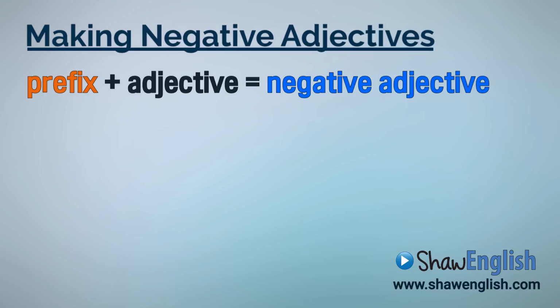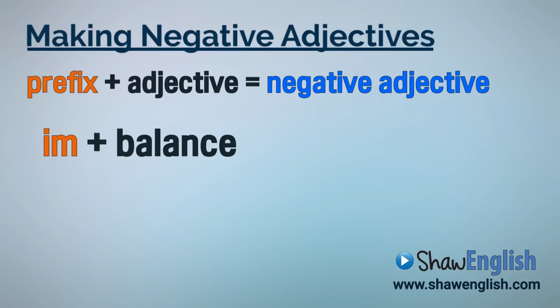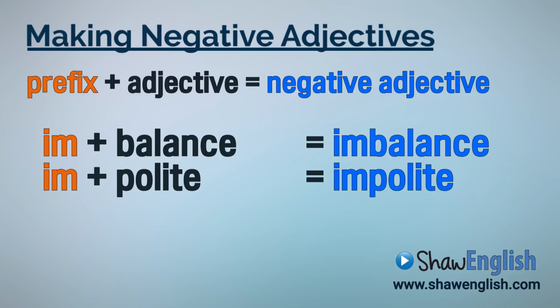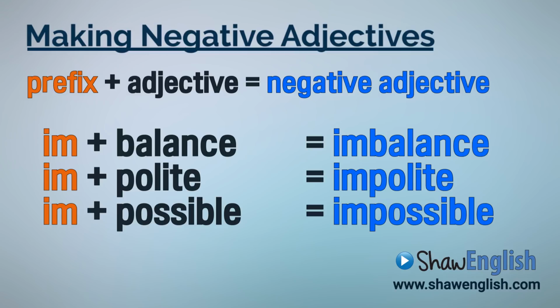Then we have the prefix im, for example, balance, imbalance. Polite, impolite. Possible, impossible.